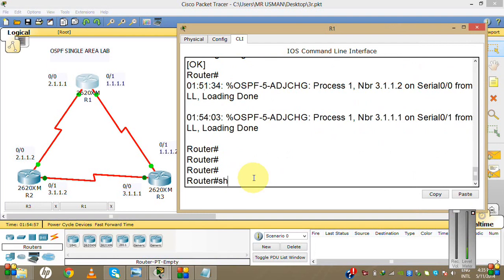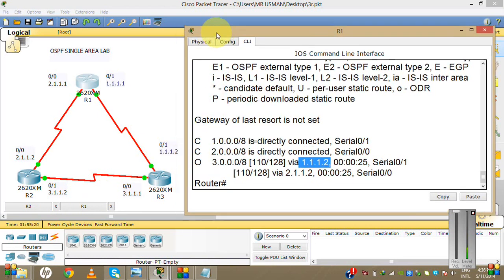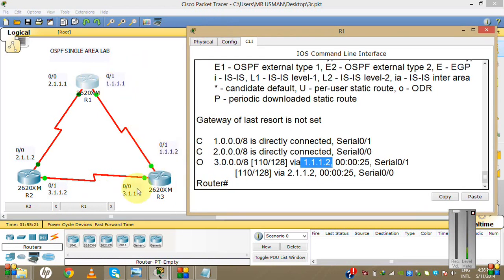Show ip route, and you can see O is showing that OSPF is configured, and the third advertised route is 3.0.0.0, via 1.1.1.2. This is the way, and 1.1.1.2 is the next hop address.